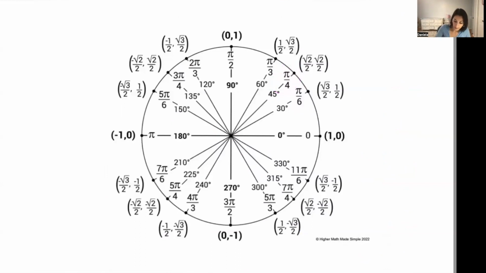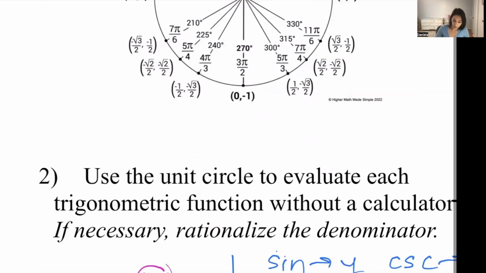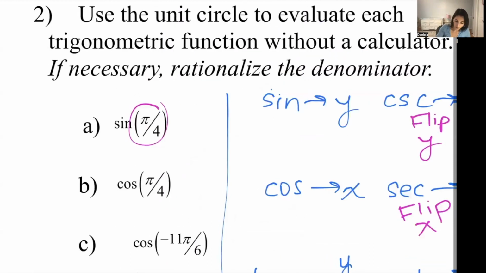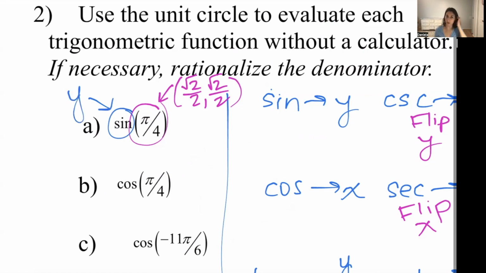So that pi over 4 tells us that we are going to be looking at that ordered pair. Now, because it's asking us to do the sine of pi over 4, this right here tells us that we are looking at this ordered pair. And then this piece, the sine part, tells us what part of the ordered pair we are looking at. That's the y value.